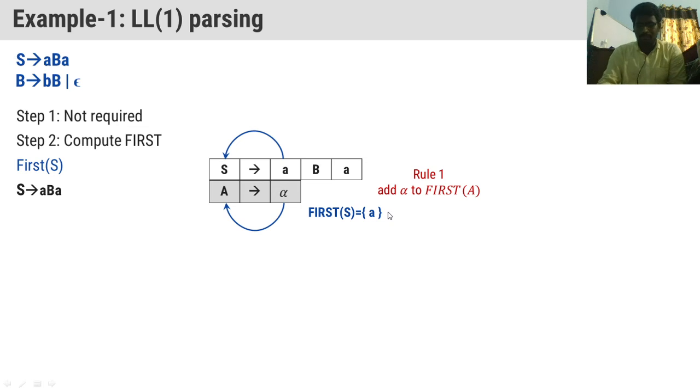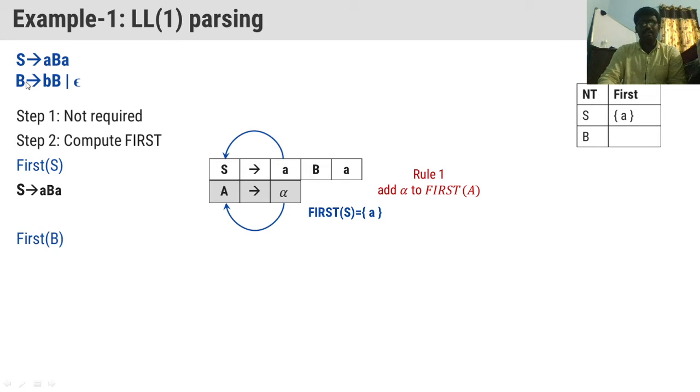Next, we will go to the next non-terminal. How many non-terminals are there? Only two, capital S and capital B. Our second non-terminal is capital B. What will we do now? We will find the first set of capital B. What is the starting symbol present in the B production?